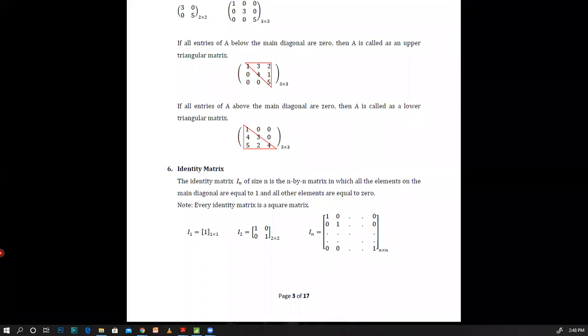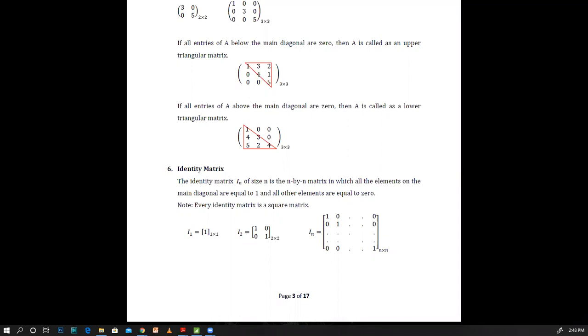It is because if you are having a diagonal matrix, then we are saying if all the off diagonal elements, or the elements which are apart from the main diagonals, are zero, then we say such a matrix is a diagonal matrix.